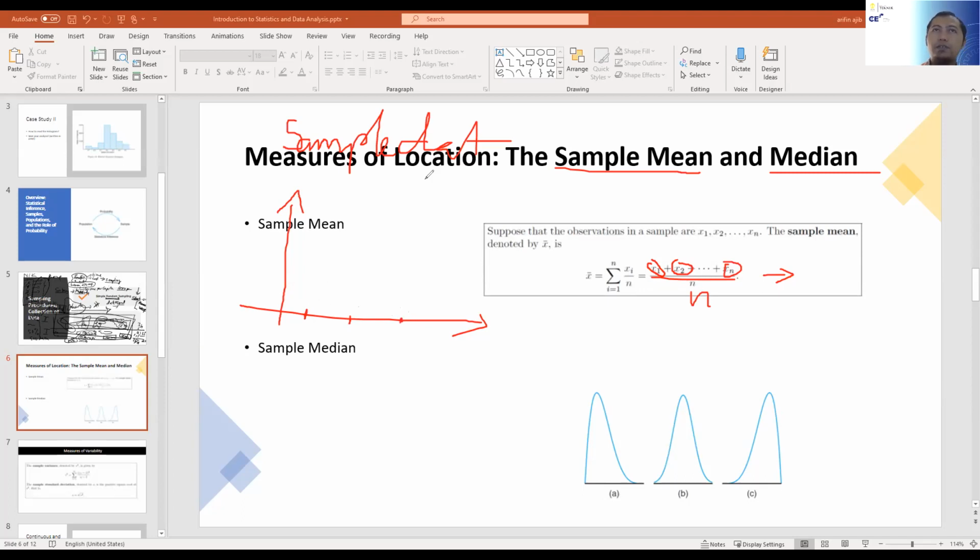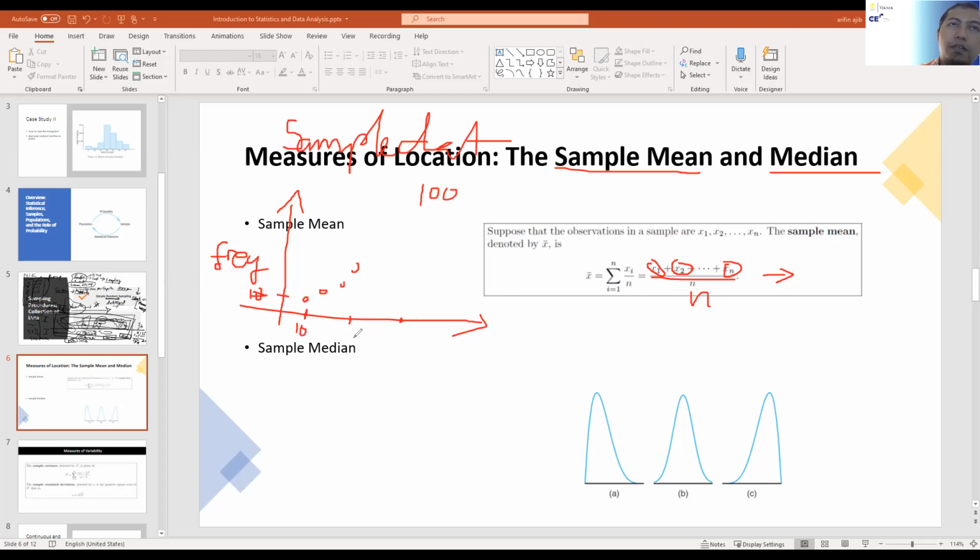You make a survey for 100 people, and you got this kind of data. This is a frequency, the number of people, and this is the range of data.